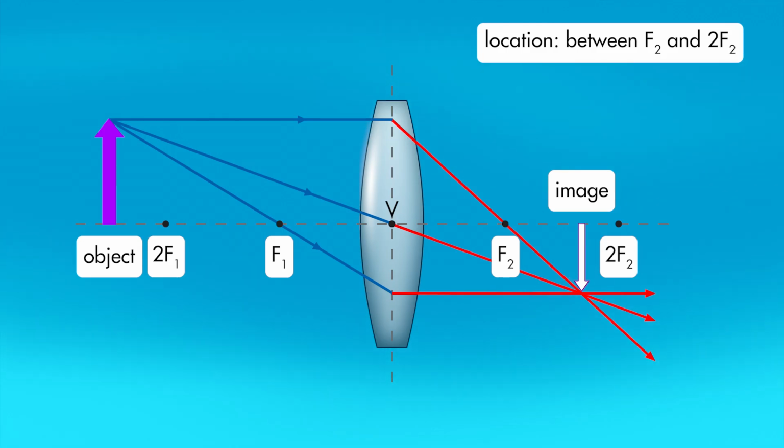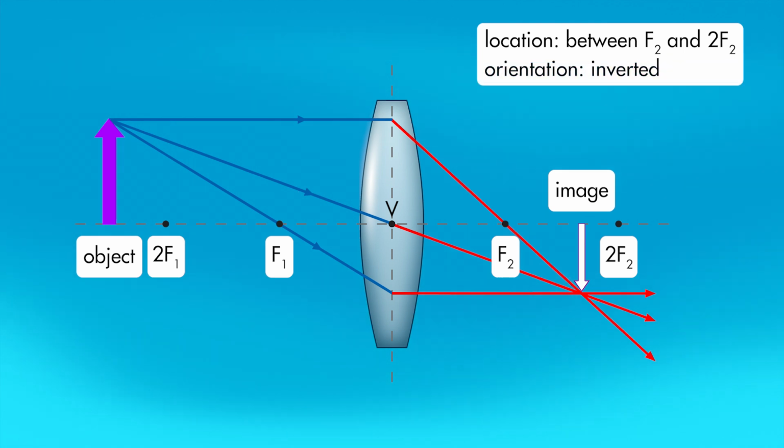This is the location of the image. The point where the three rays converge is where the top of the image will be. Since the point of convergence is below the optical axis, the image is inverted. This is the orientation of the image.